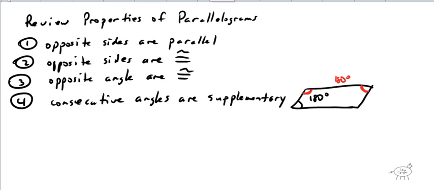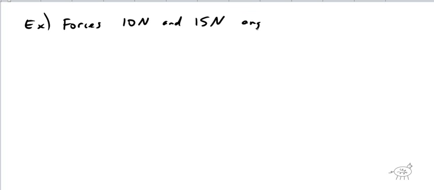All right, so let's do a problem now. It kind of uses the properties of parallelograms. So this is my last example here, math fans. If you have forces of 10 newtons and 15 newtons, you have those two forces, and the angle between the forces equals 50 degrees.